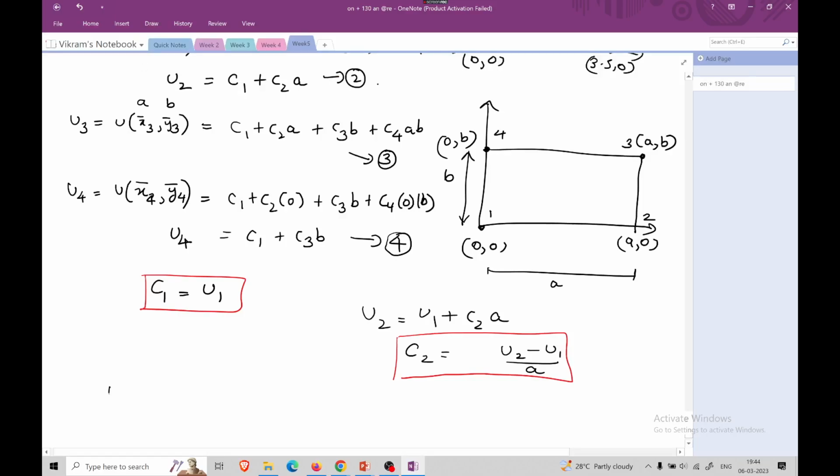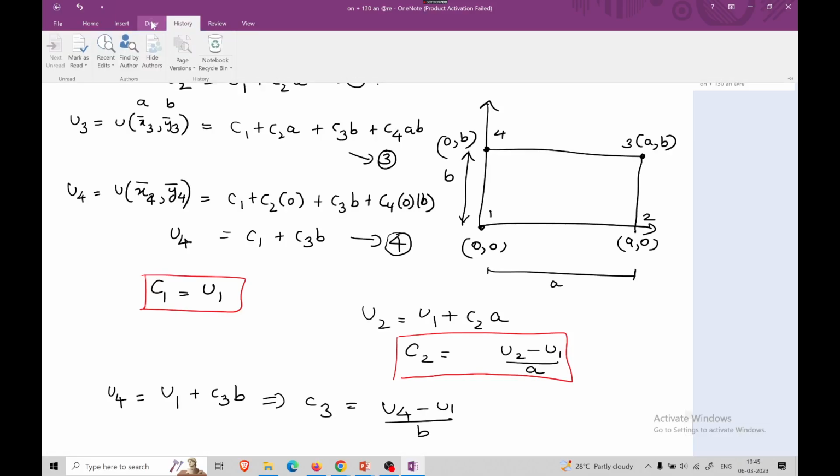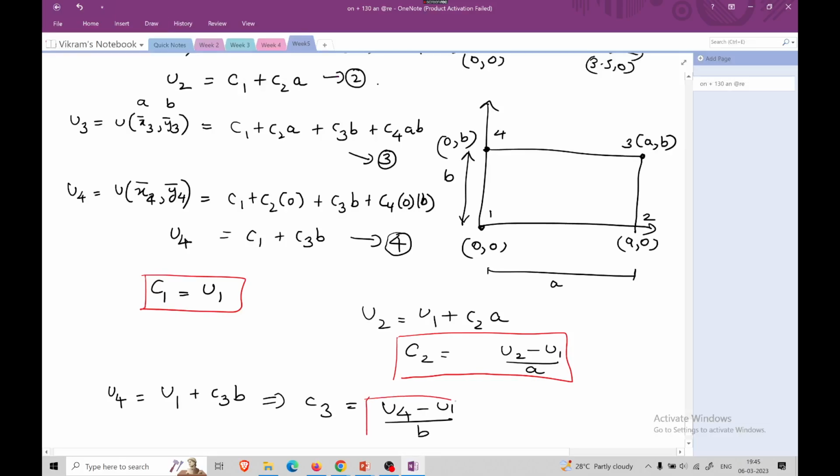So let us put in u4. The C1 I already determined as u1, plus C3 times b. So this implies C3 is equal to u4 minus u1 by b. So all these three I am going to substitute in the third equation.